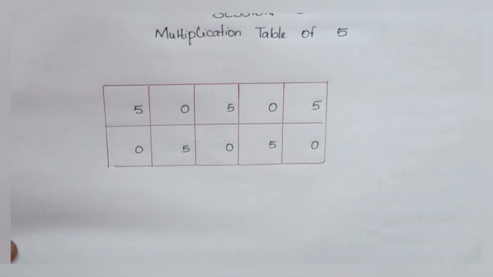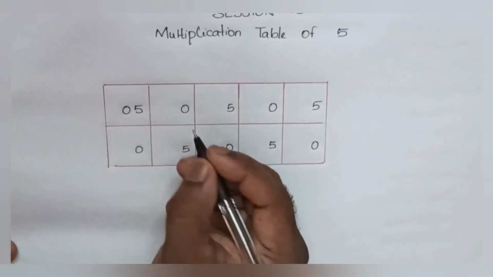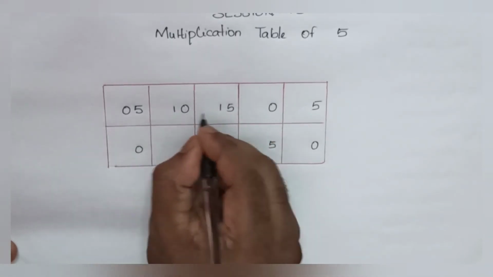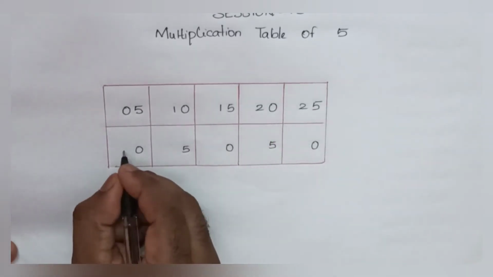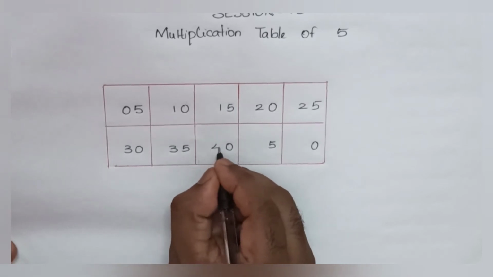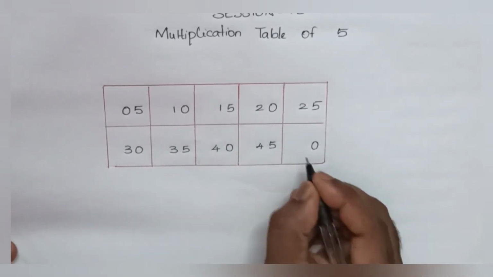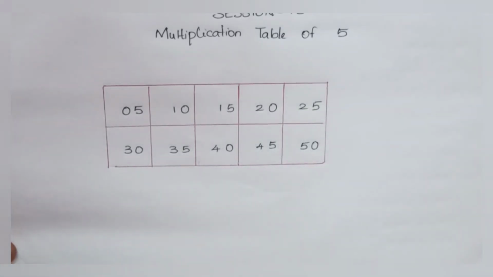The next step you have to follow in this pattern: 0, 1 1, 2 2, 3 3, then 4 4. Finally you have to mention 5 here. That's all. This is the easiest way.